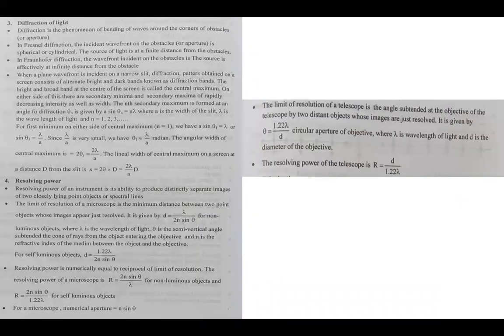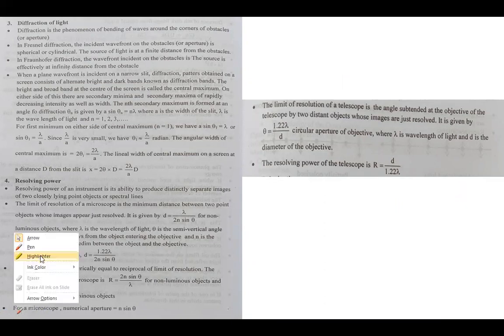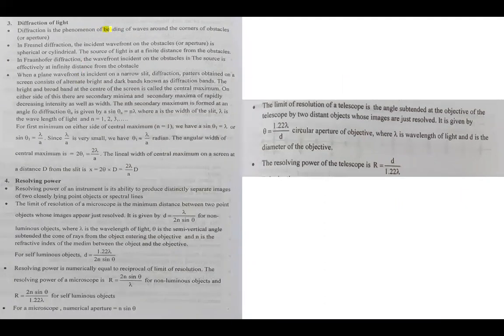Now, before we go with the next, you have to understand diffraction. So we'll just go through the formulas. Diffraction is nothing but bending of waves around the corners of the obstacles. The phenomenon of bending of waves around the corners of obstacles, that is nothing but diffraction. We have two types of diffraction: Fresnel and Fraunhofer diffraction.